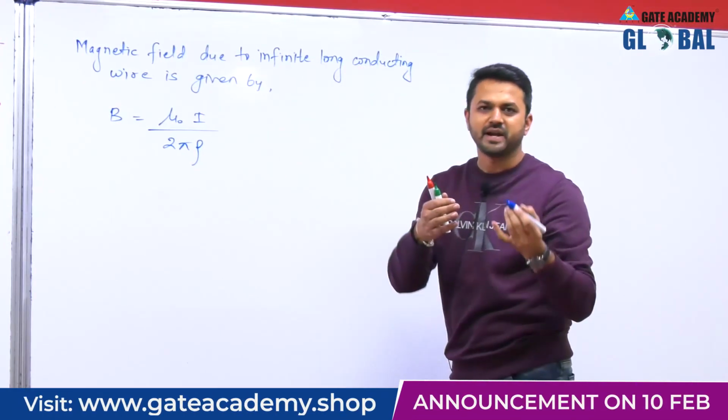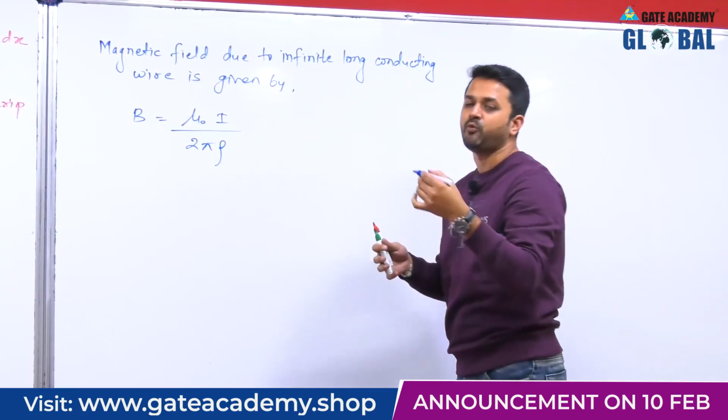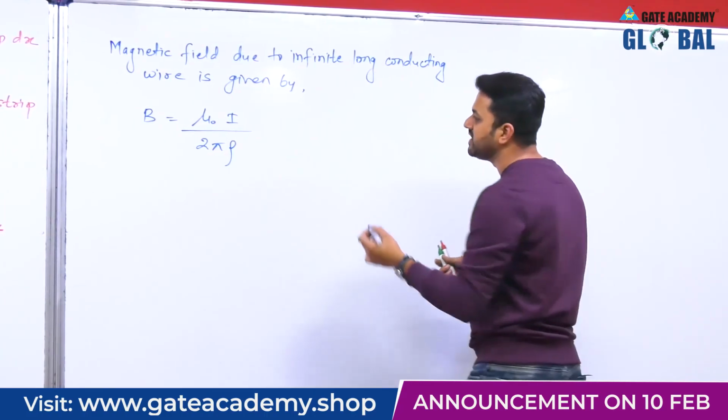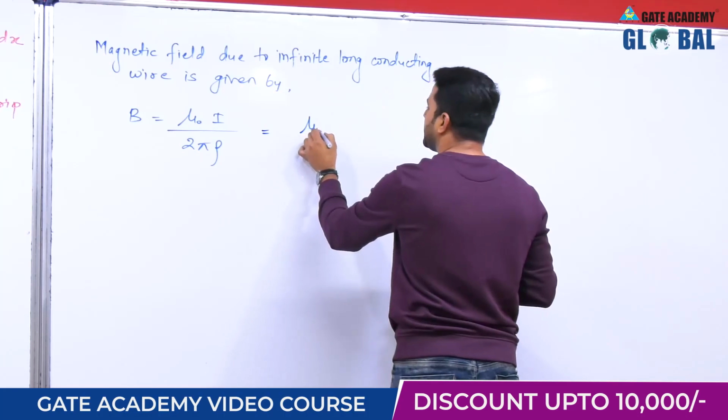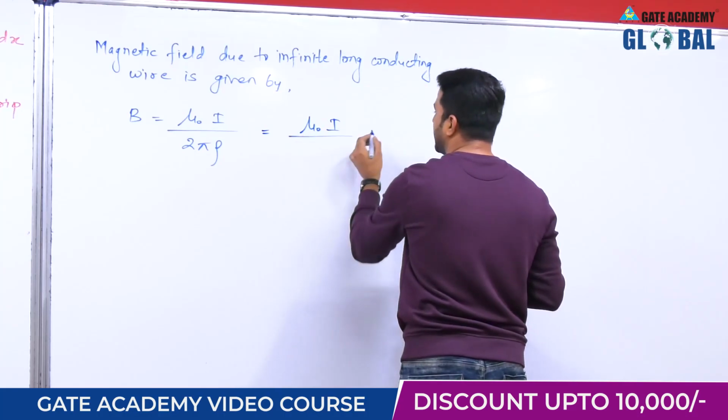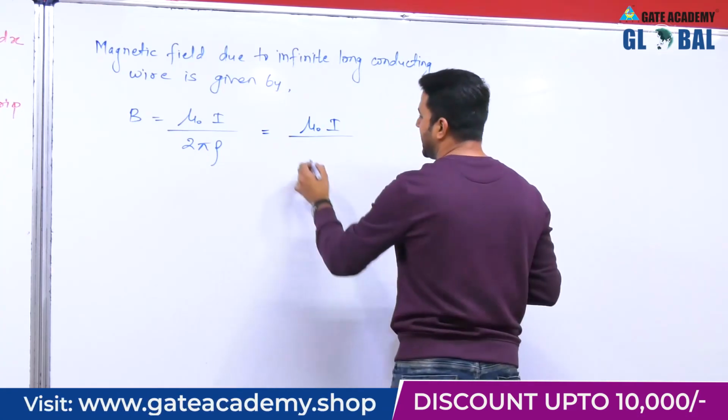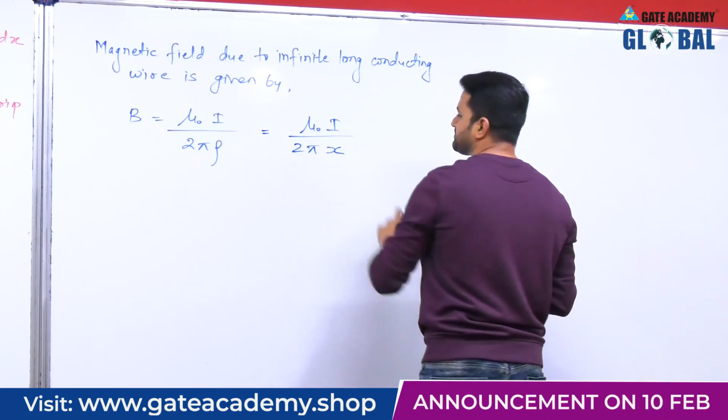Rho is the perpendicular distance from the wire to the point where we want to calculate the magnetic field. We want to calculate the magnetic field at a distance x, because we are calculating the flux at a distance x. So this is 2 pi x.